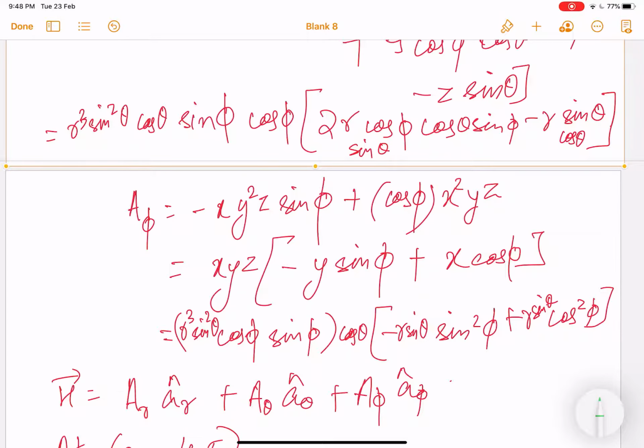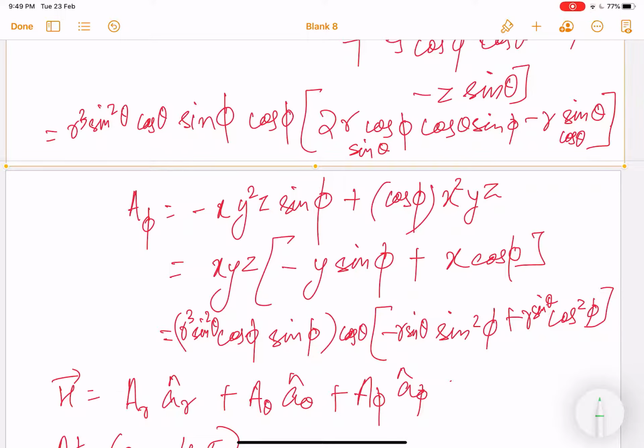Patience is key. Then 7.07 to the power, into sine square theta, cos theta, the square into cos, into sine phi, cos phi again, 306.86 into cos 306.86 multiplied. What did you get?